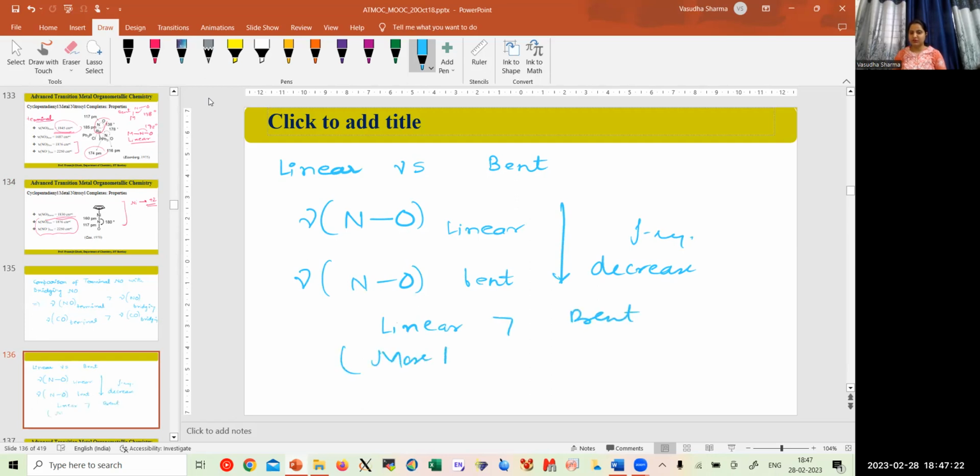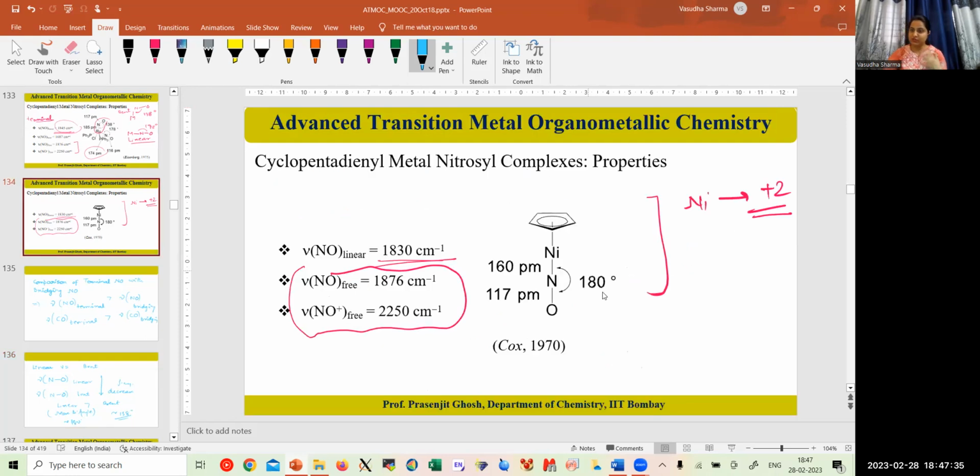More bond angle, more bond frequency, stronger is the bond. So it is around 180 degrees, that would be around 1380. So that's why it makes a stronger bond compared to the bent one. So this is the general trend, and the values could be here and there, but it will always come in the comparison mode.